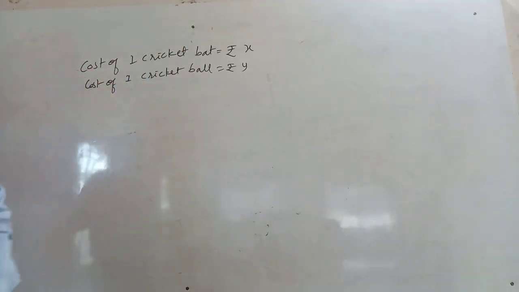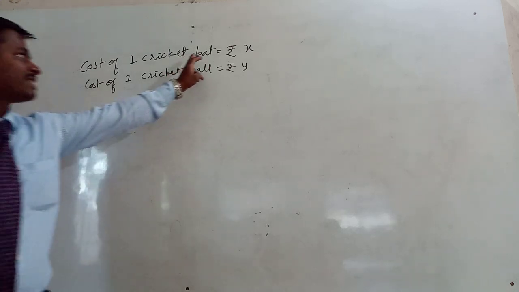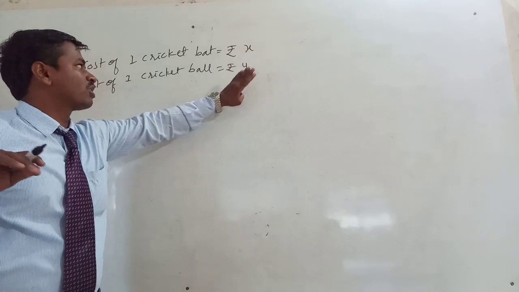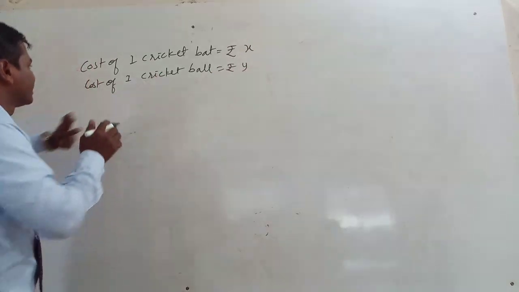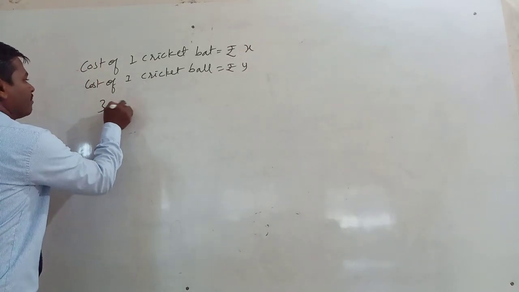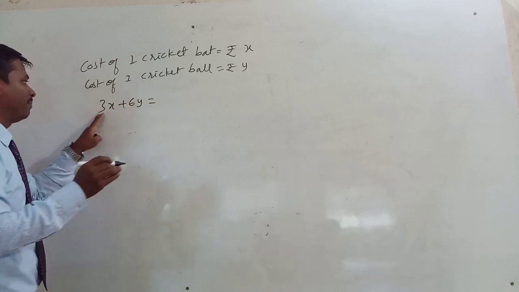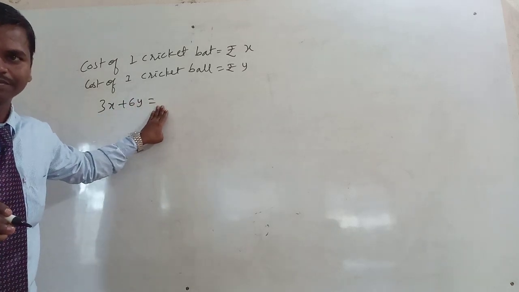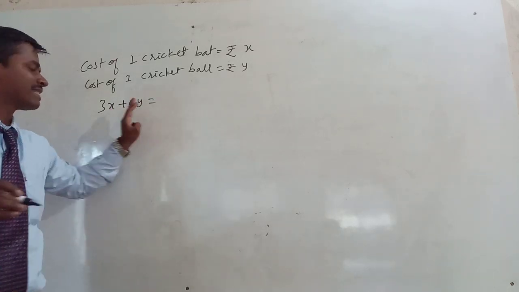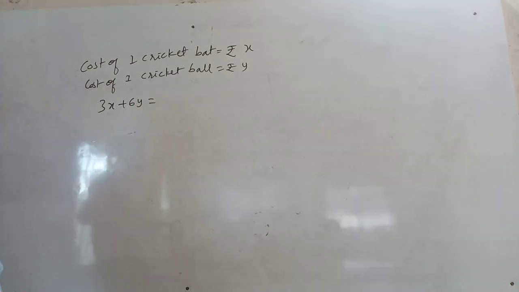What is the first condition? A cricket team buys 3 bats and 6 balls. 3 bats means 3x, 6 balls means 6y. So 3x plus 6y. What is the total cost?